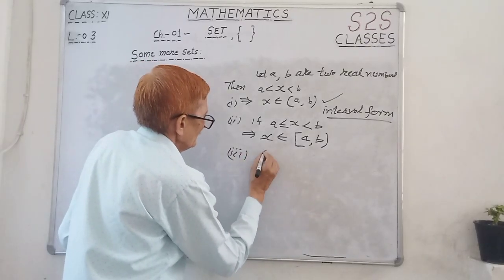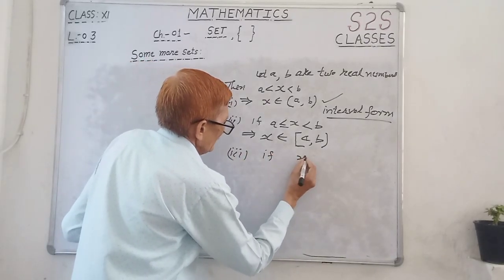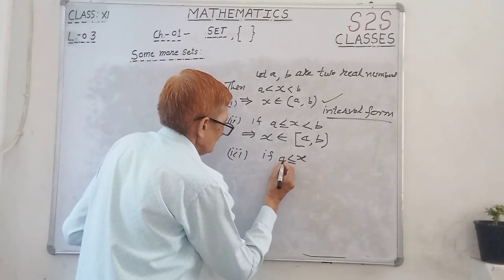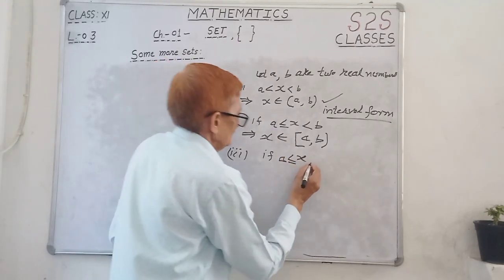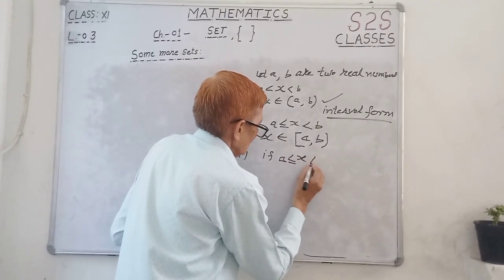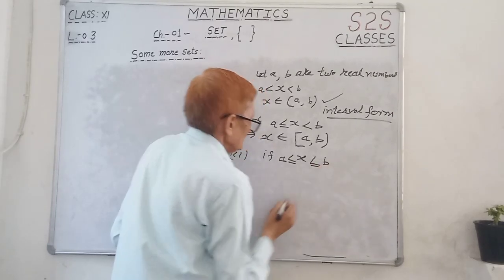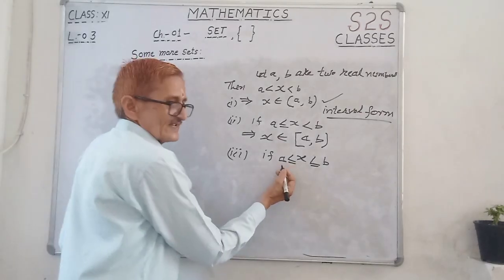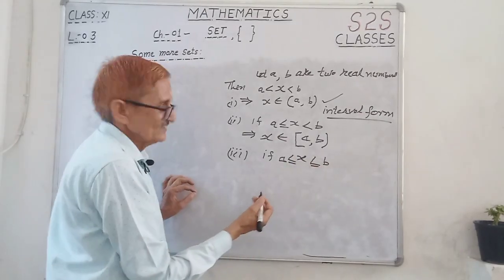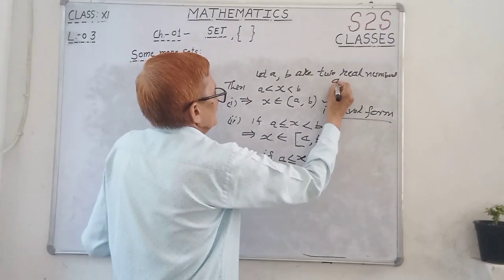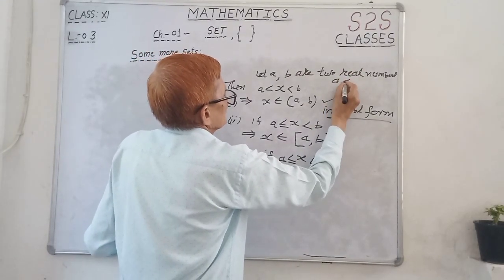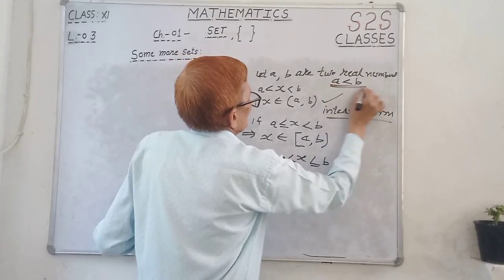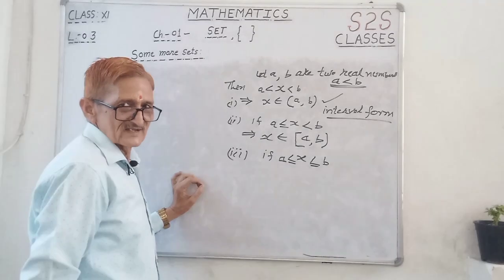Now the third case, so there will be four cases like this. If x is greater than or equal to a and less than or equal to b, both included, and between all, then always a is less than b, the smaller number a and the larger number b.